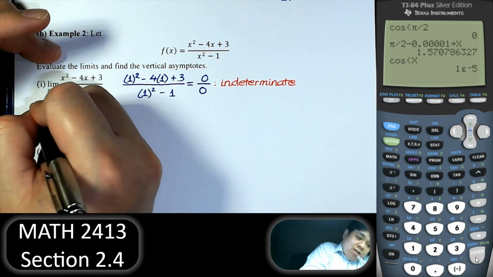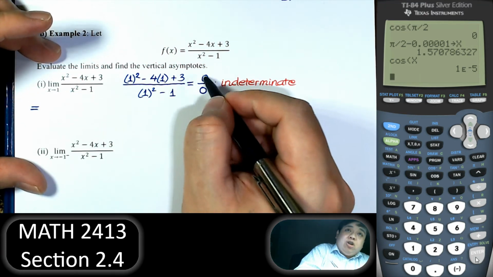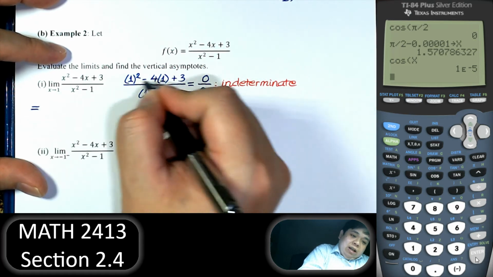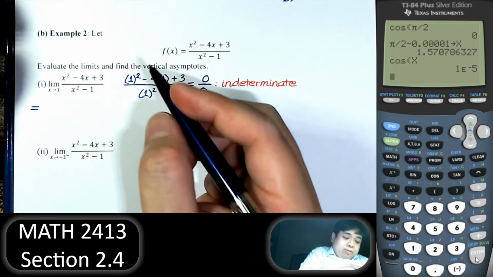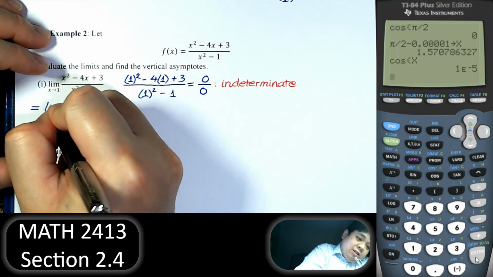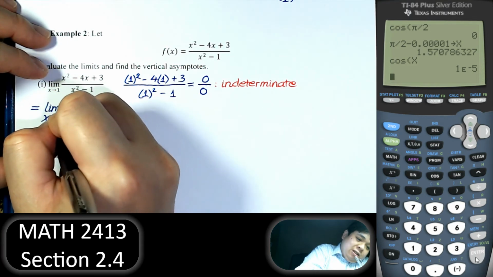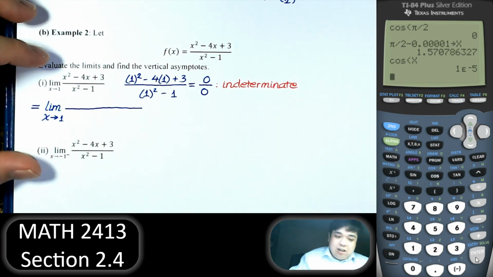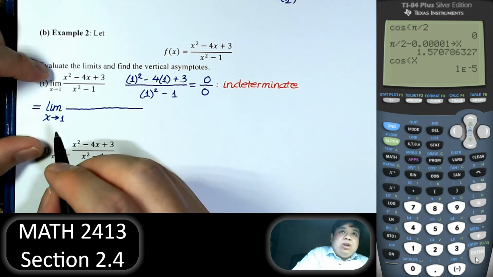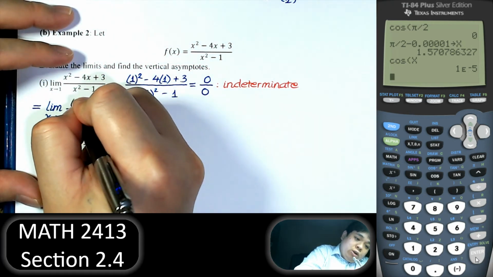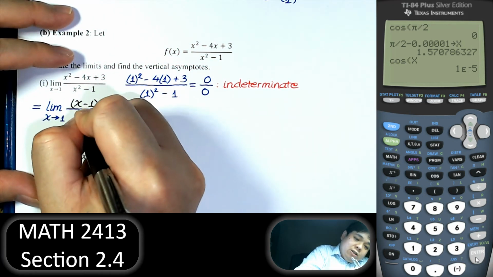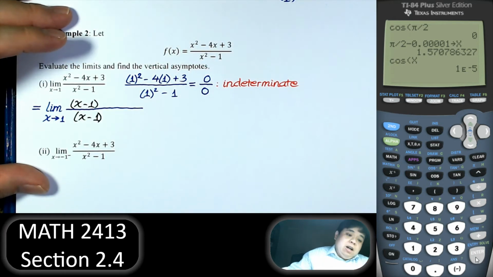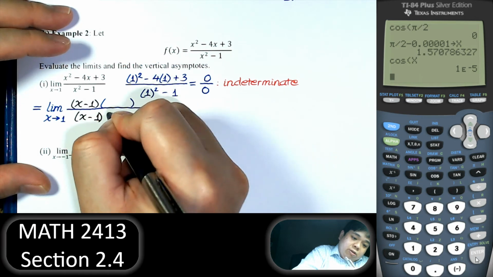So I have two factors because both of them are 0 and quadratic. If a quadratic function equals 0, there should be a factor. And furthermore, the factor is whatever value we substitute in for x. So both of them should have x minus 1 in it. Determining the rest should be simple.